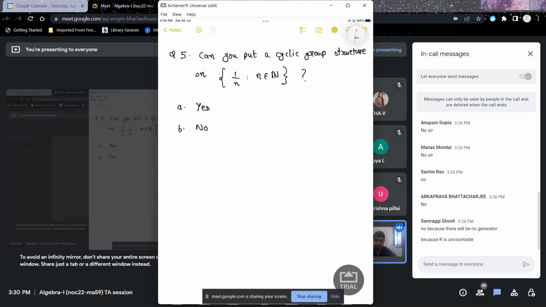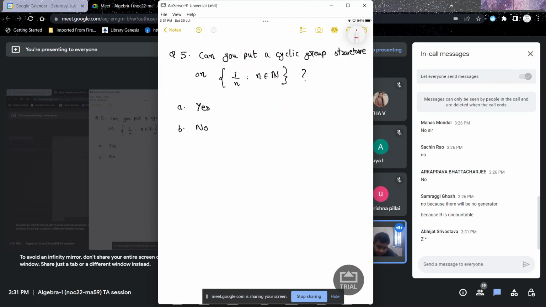We just saw it a few minutes back. Someone wants to answer? Yeah, you mean Z with addition, right? Z with addition is an example of a cyclic group which is countably infinite and it's cyclic, right?